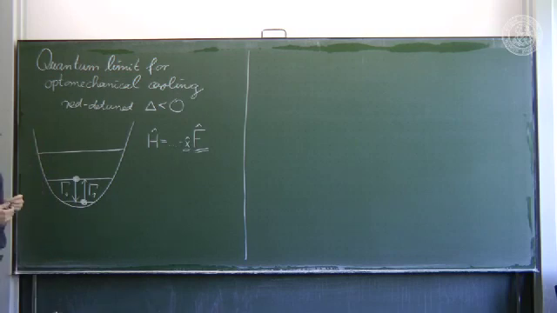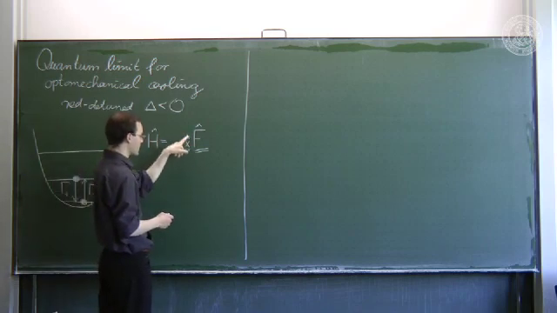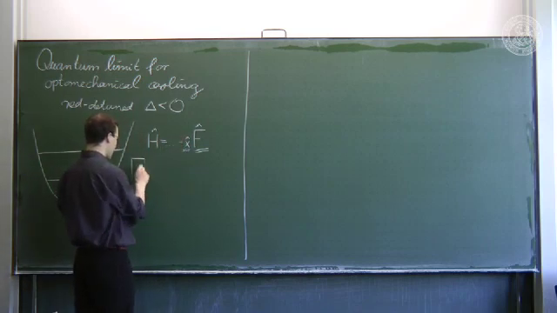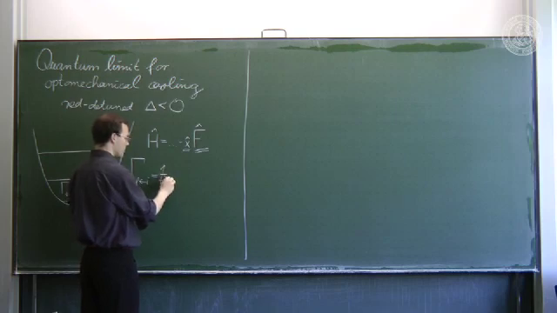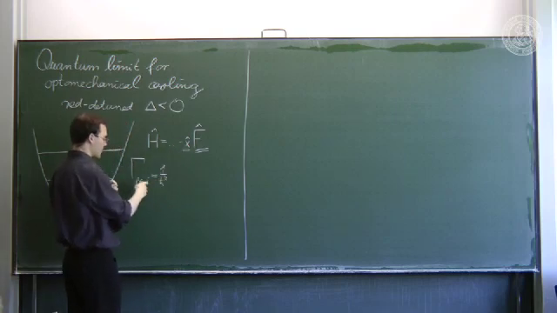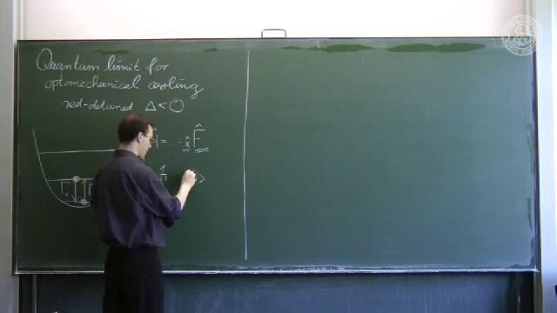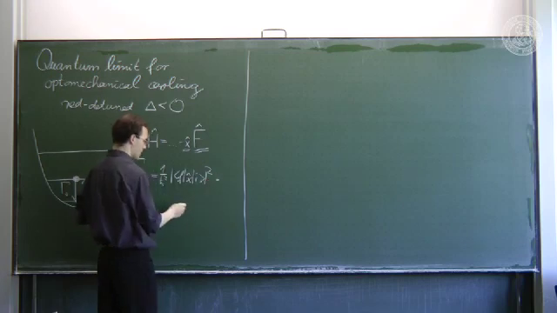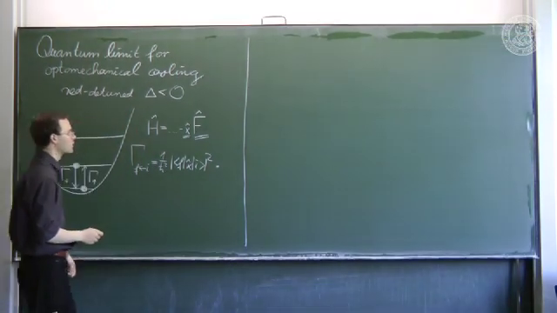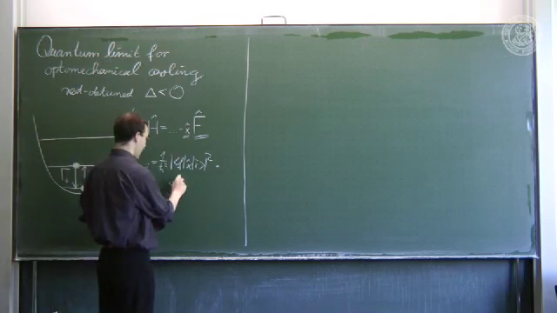And then I said that I can calculate golden rule rates, transition rates within the system, from some initial state to some final state, by taking the matrix element of the system operator between these two system states squared, multiplied with the spectrum of the fluctuating operator.